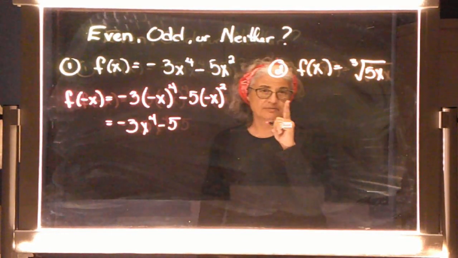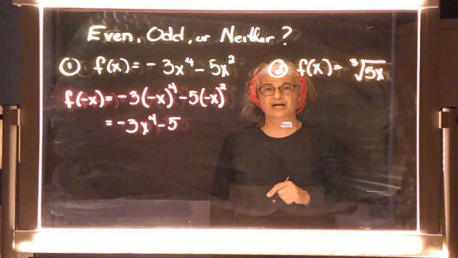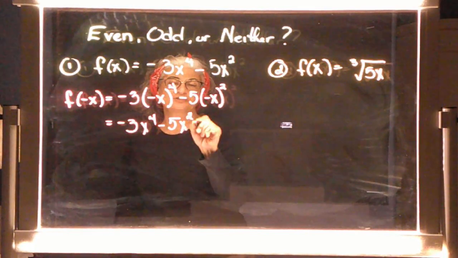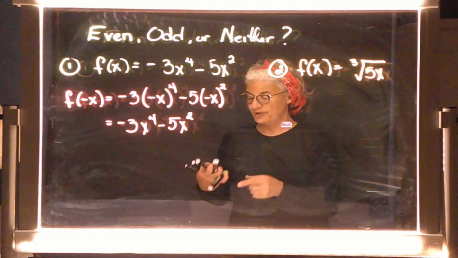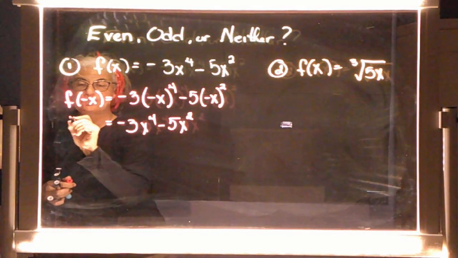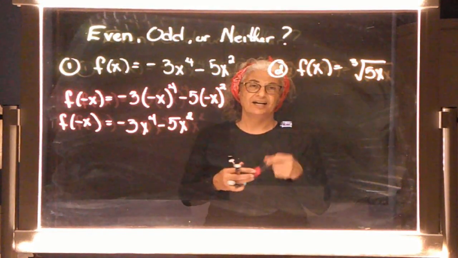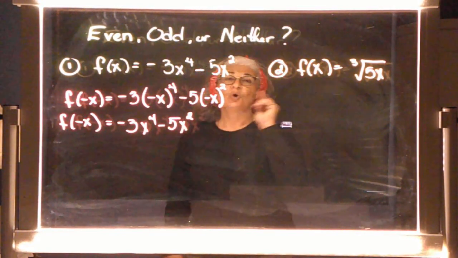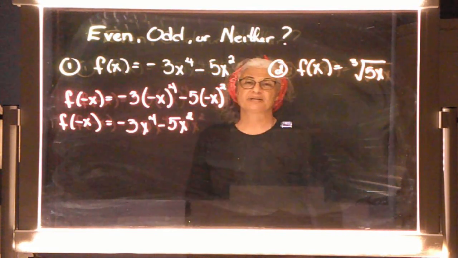And then I have minus 5. Remember, exponents come before multiplication. And I take this negative number to the second power. Yeah, it's going to be positive also, which means I'm going to get 5 to the second power. Agreed? All right, so the question is this. When I took the function and I plugged in a negative x, did I come up with the exact same as the original, or does it look like I took the original and multiplied everything by a negative 1?